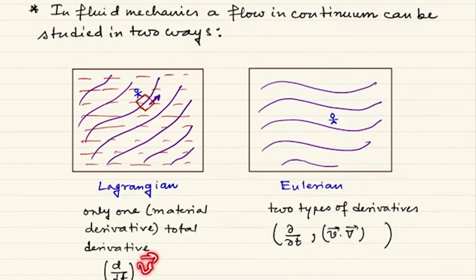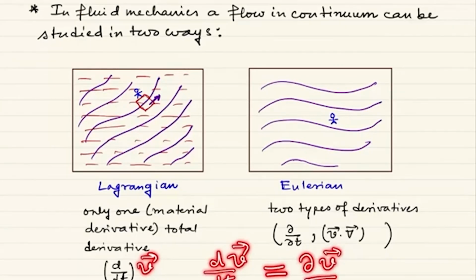Now this dv dt can be obtained by the combination of del v del t plus v dot nabla.